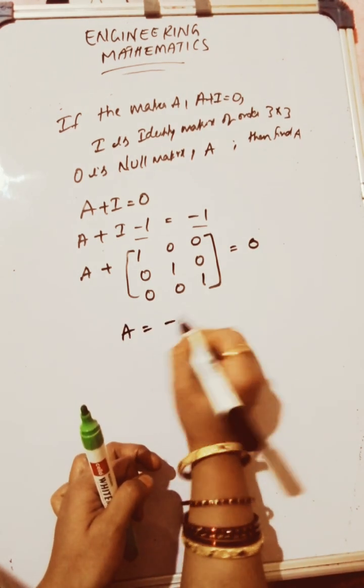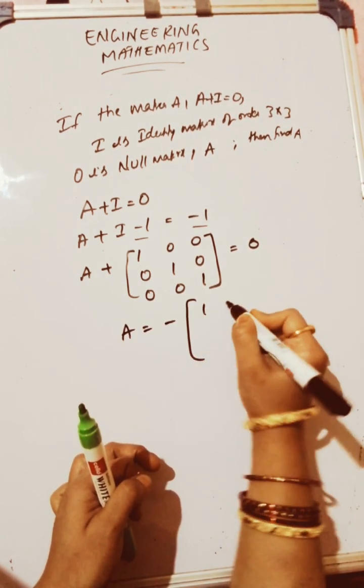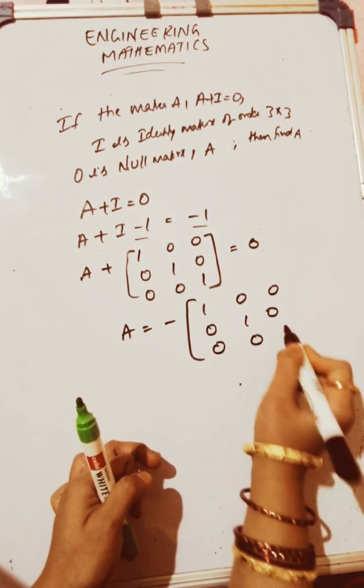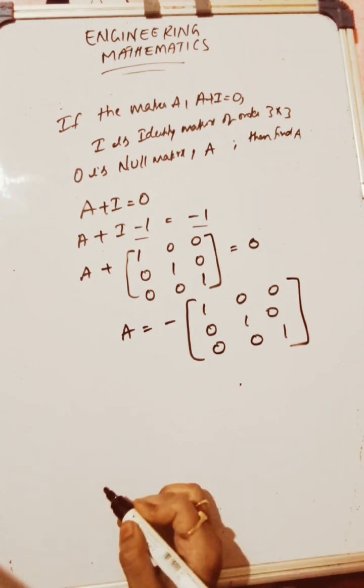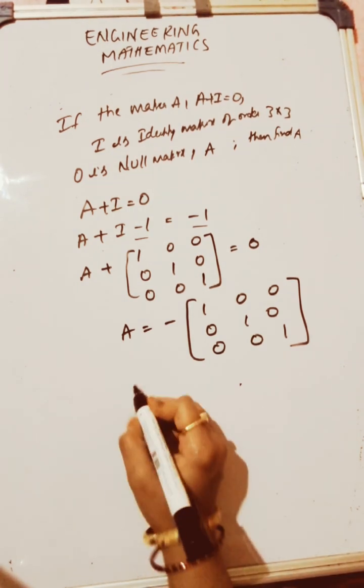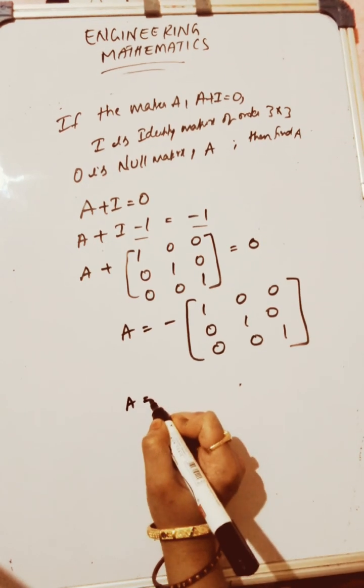A is equal to minus of the identity matrix I.